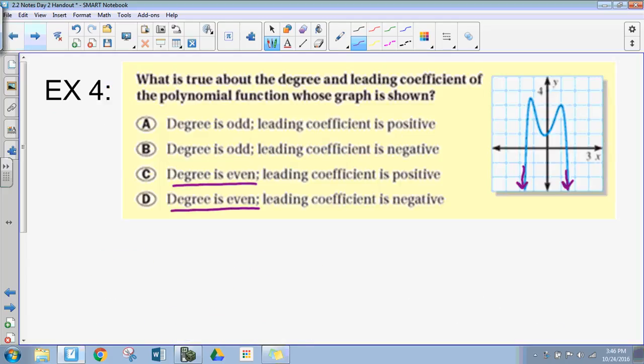So we have eliminated A and B. Now, the end behavior is both going down. They're both going to negative infinity. What determines which direction they're going, whether it's opening up or opening down, is whether the leading coefficient is positive or negative. If it's negative, then they're going to be going down. If you look back at your notes, you'll see that. D is your answer.